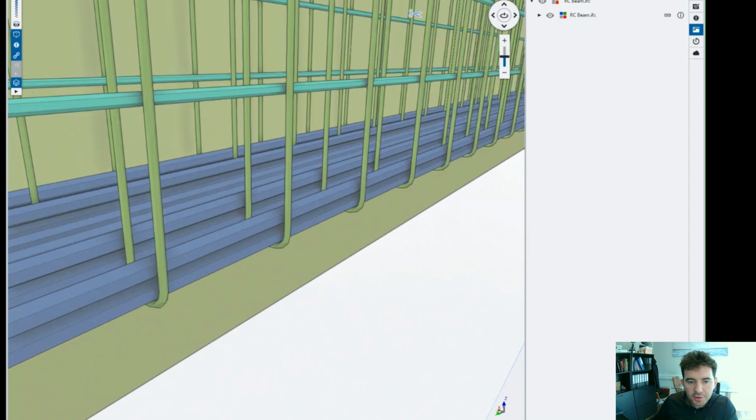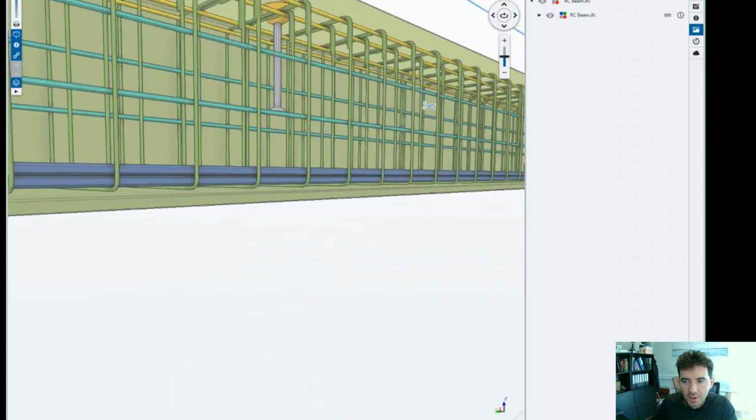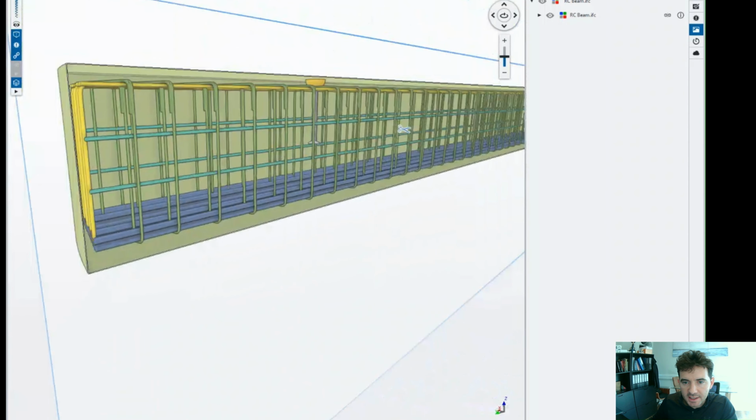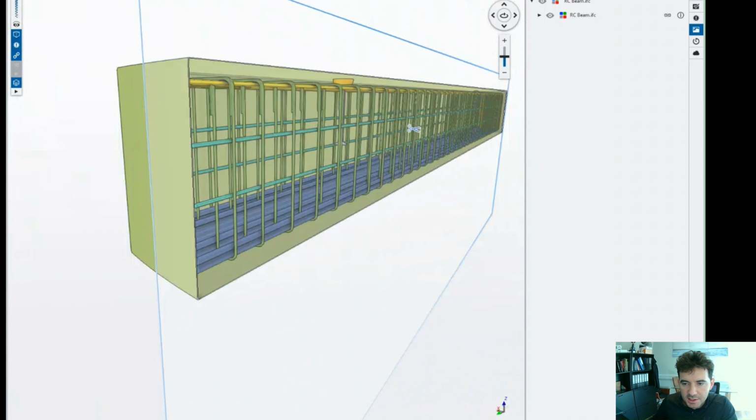Our B32s are bundled, and we have our side bars of 16s, and then our 12 mil links. It's a fair, decent lump of beam, and we do have a lot of space in there, so for the kgs per cube, I'd be thinking it's going to be less than 200 anyway, but there is a nice bit in the bottom.